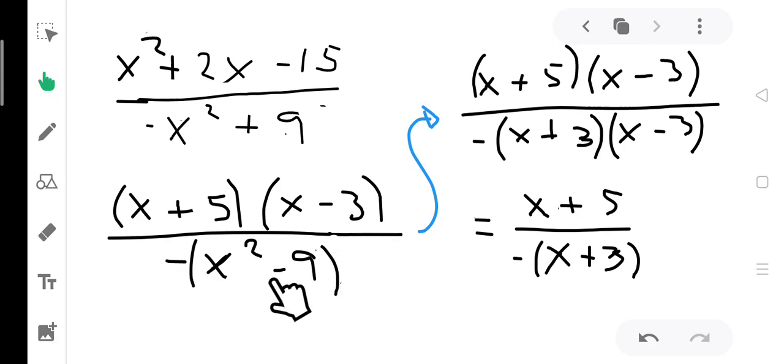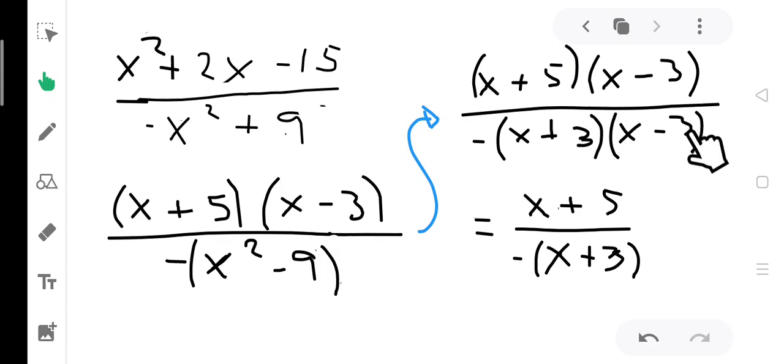Now, this other factor, x squared minus 9, is a difference of two squares, so we can still factor it. Just copy the factors in the numerator: we have x plus 5 times x minus 3. All over, copy the negative sign, then the factors of x squared minus 9: we have x plus 3 and x minus 3.